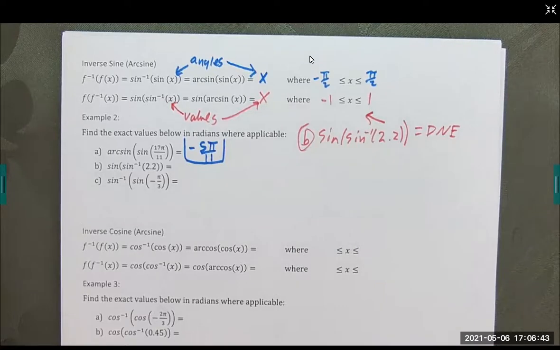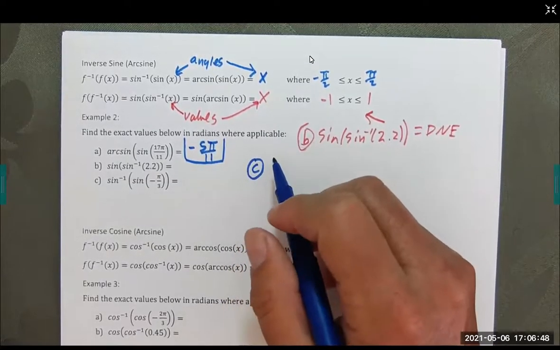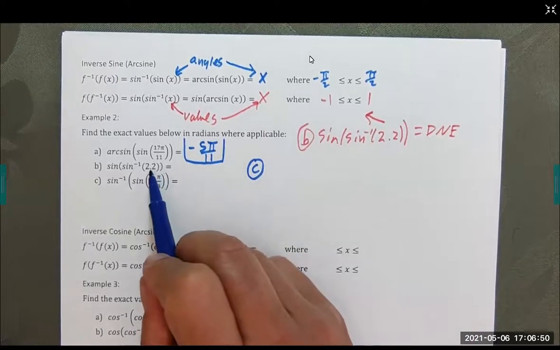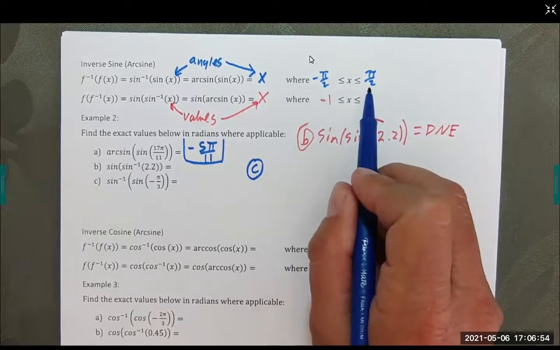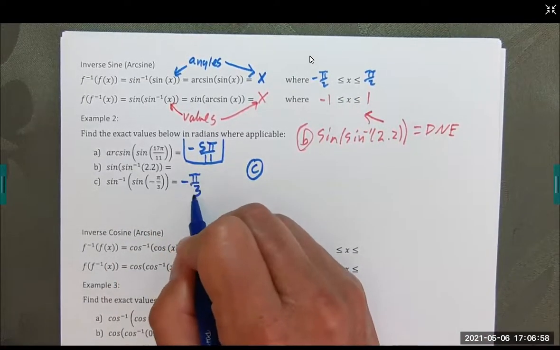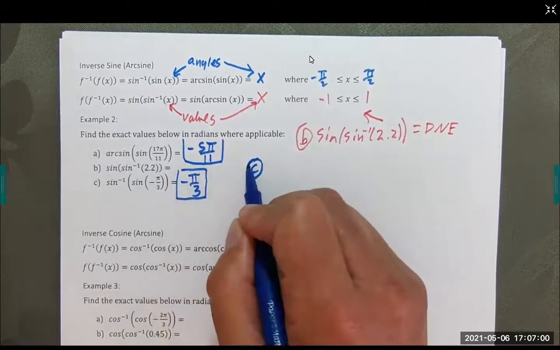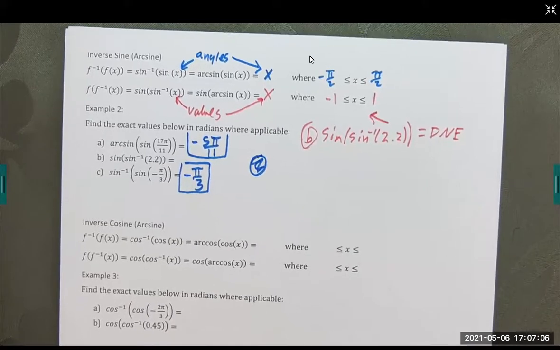C. Now we can look here at this angle, negative pi over 3, that is between negative pi over 2 and pi over 2. So these literally cancel each other out. We like that. Let's try cosine.